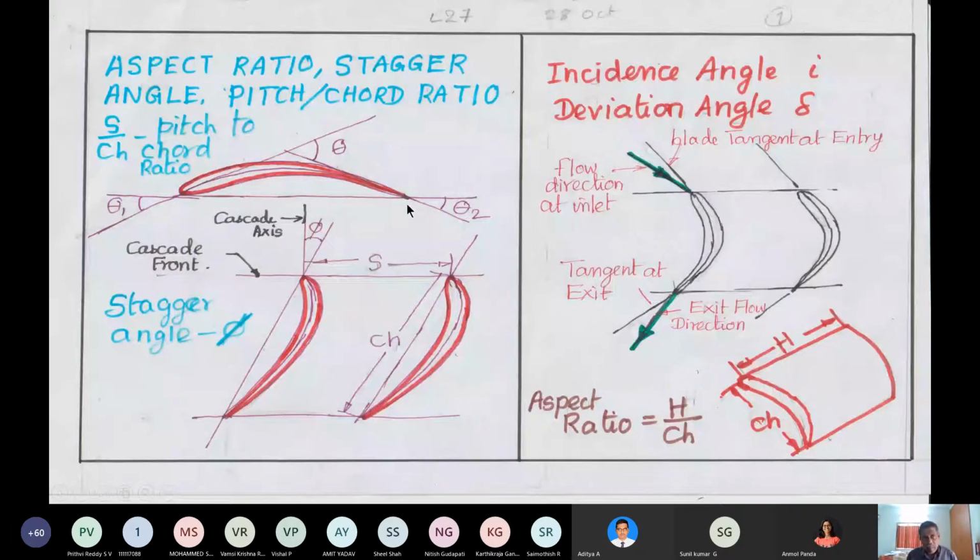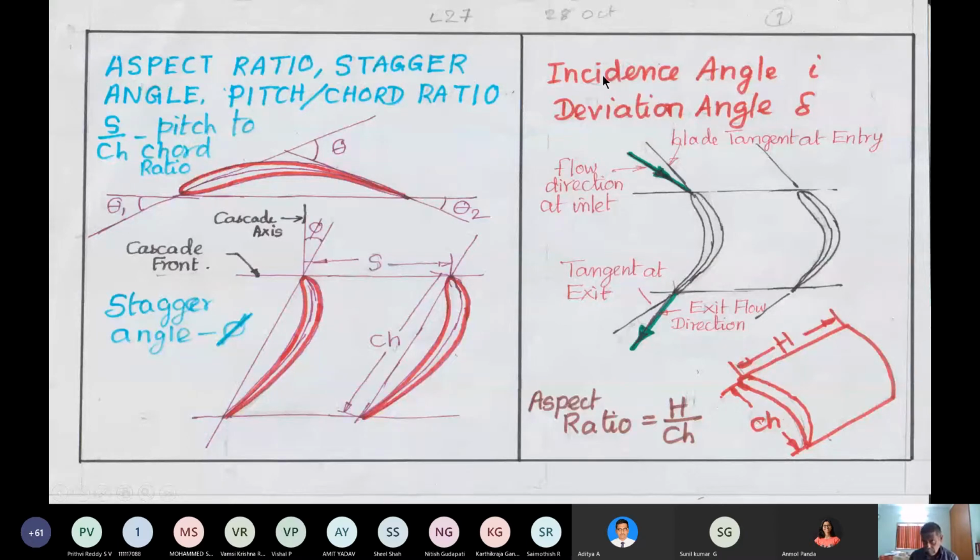Then we have the cascade pitch chord ratio, another important parameter, which is the dimension S divided by C. This may be S, or people use P also for pitch. So the pitch chord ratio. This pitch will be relatively less in the case of turbines. Compressors, it will be a little more. Then another thing is incidence angle i and deviation angle delta.